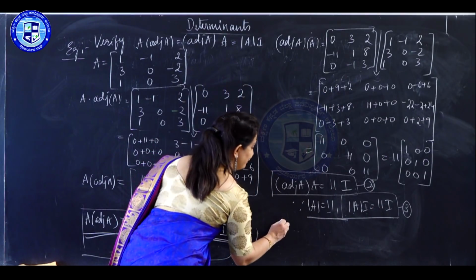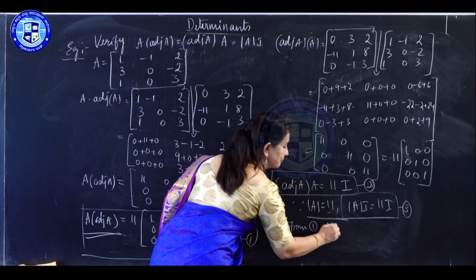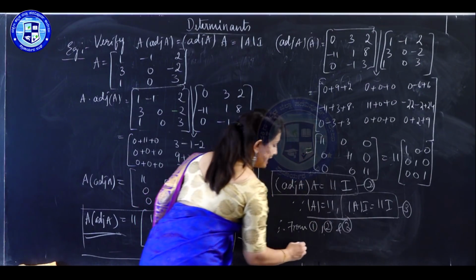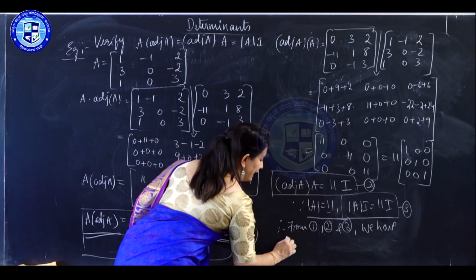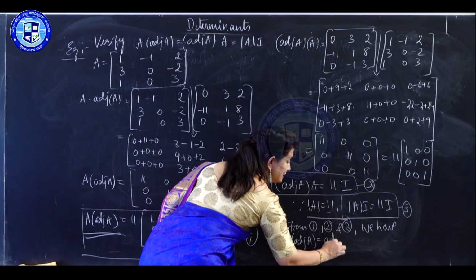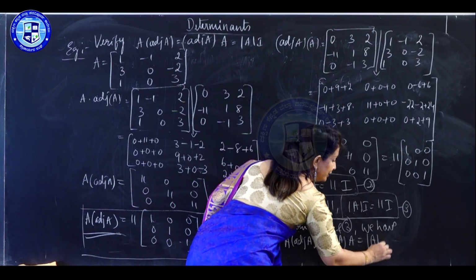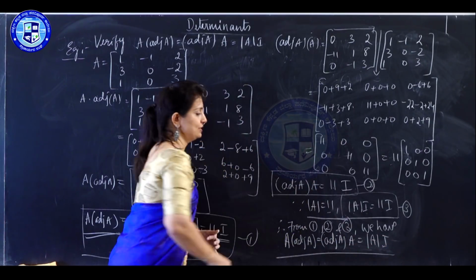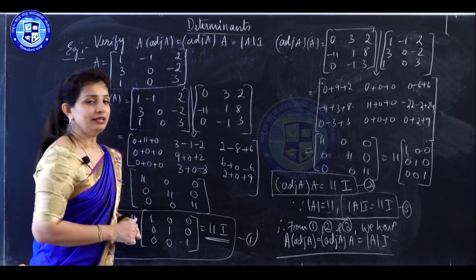Therefore, from conclusions 1, 2 and 3, we have A into adjoint A is equal to adjoint A into A is equal to determinant A into I. So, this is how we verify, giving an example. Thank you, students.